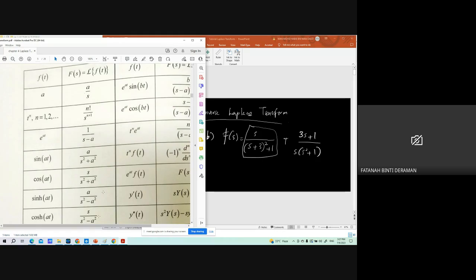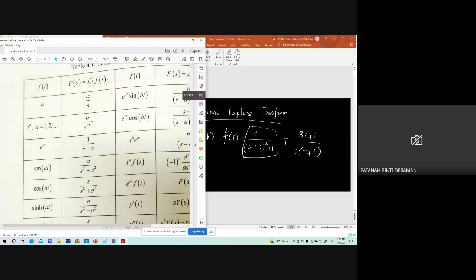How do we find the inverse Laplace of 1 over s minus 1? We can see it like this.